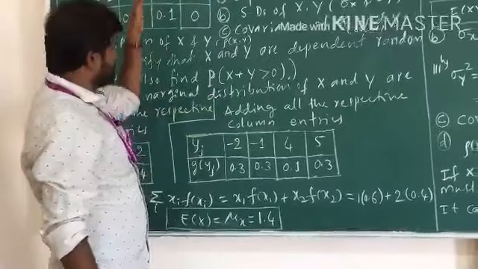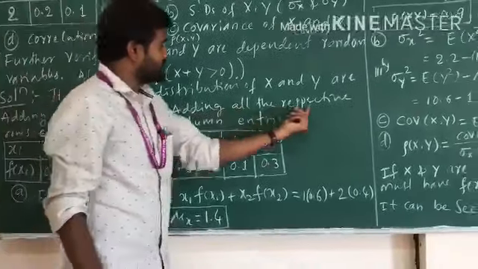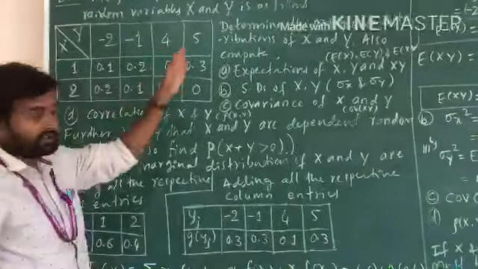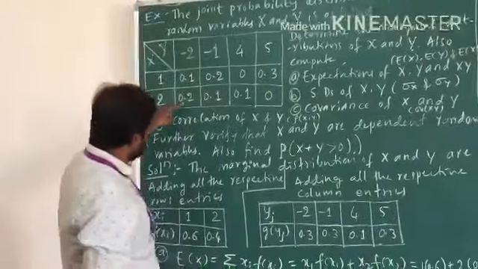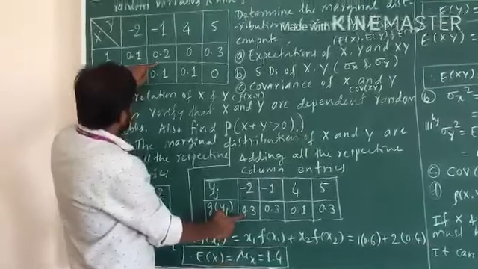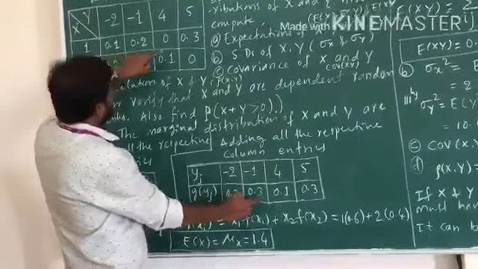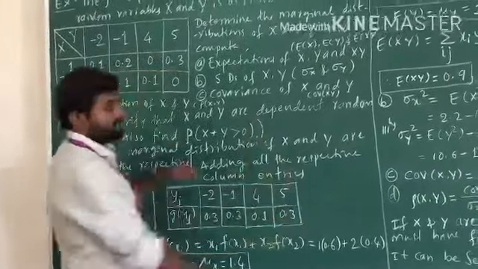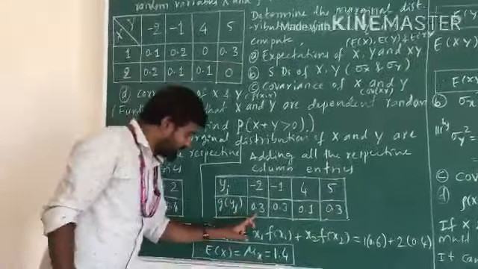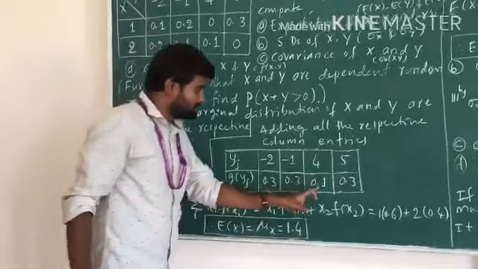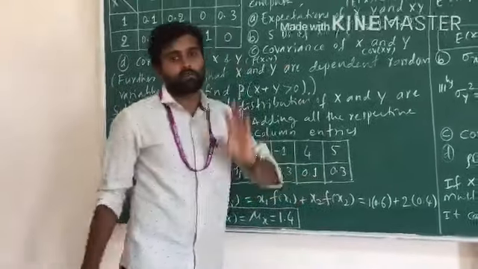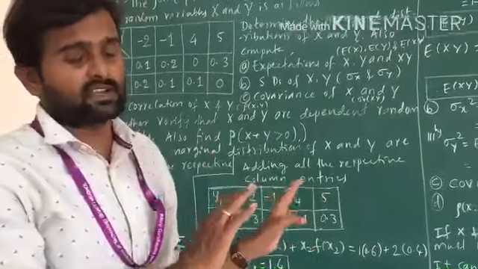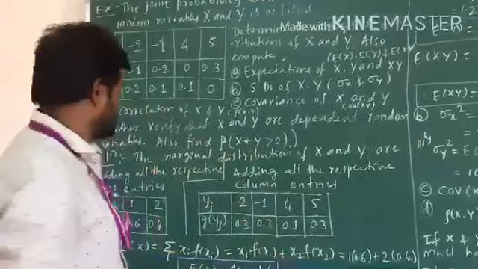Similarly, column wise, adding all the respective column entries: 0.1 plus 0.2 is 0.3, 0.2 plus 0.1 is 0.3, 0 plus 0.1 is 0.1, 0.3 plus 0 is 0.3. So these are g of y1, g of y2, g of y3 and g of y4. These two tables are called the marginal distribution.